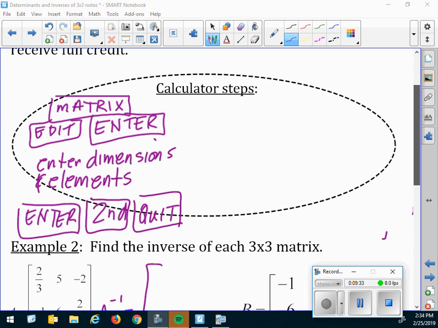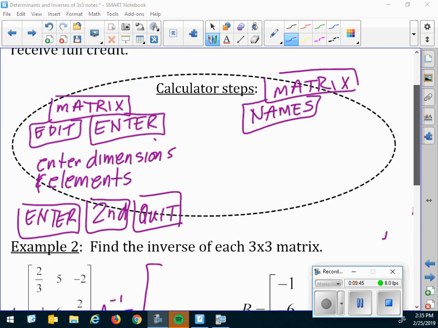Now, to get the inverse, you go back to matrix, names, and then I'm just going to put choose. When I put choose your name, I don't mean choose Aiden or choose Zoe. I mean put the name of the matrix that you want, right? And then do X inverse and enter.